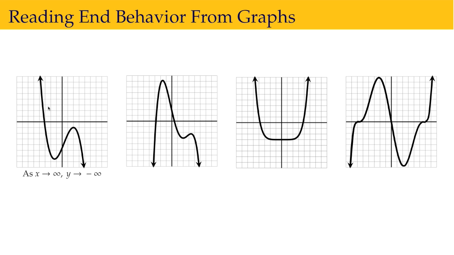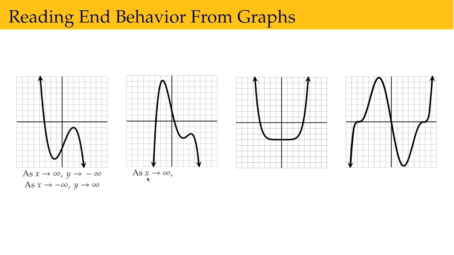Now if we want to talk about the left end, the x-coordinates are going in this direction. They're getting to be larger and larger negative numbers. So as x goes to negative infinity, on the left end here, the y-coordinates are going up and up, so y goes to positive infinity.